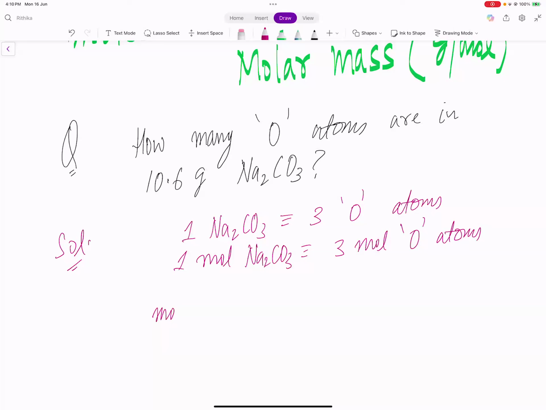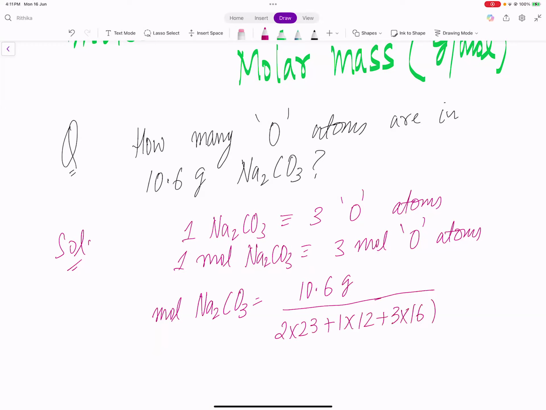So mole Na2CO3 is equal to given mass of Na2CO3 divided by molar mass of Na2CO3. How will we calculate it? 2 sodium, 2 into 23, plus 1 carbon, 1 into 12, plus 3 oxygen. Each oxygen has 16, right?